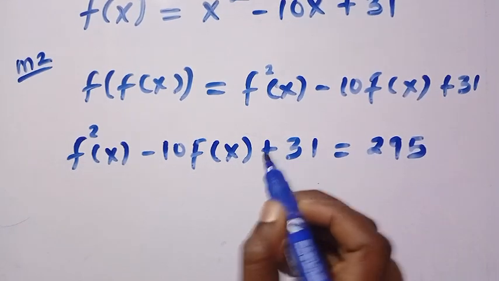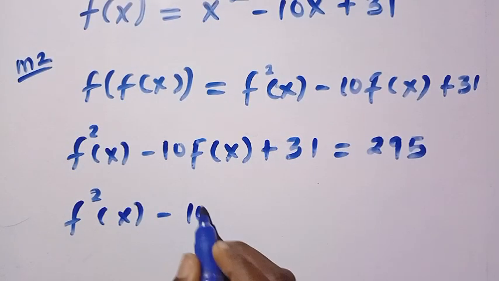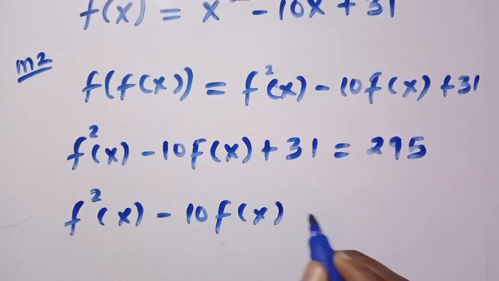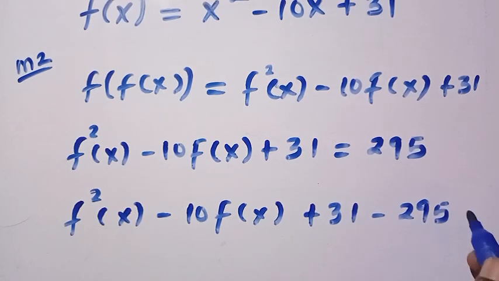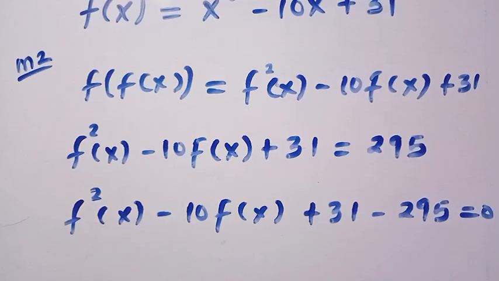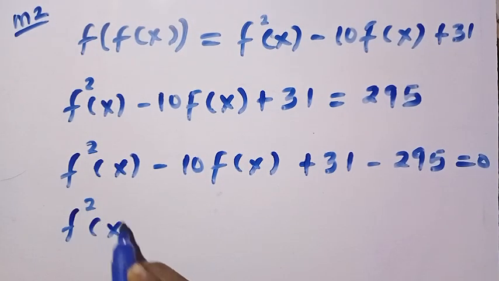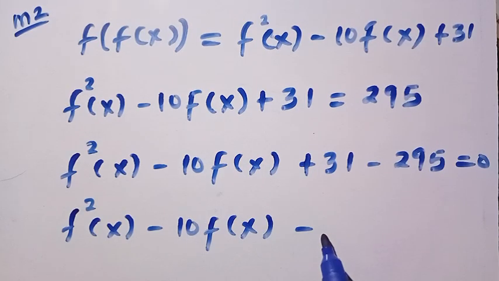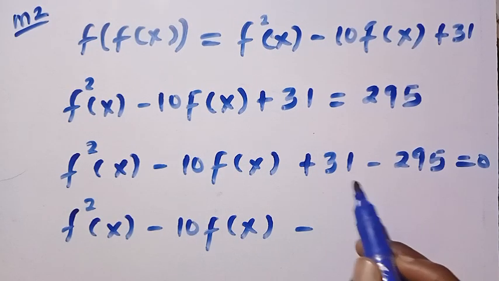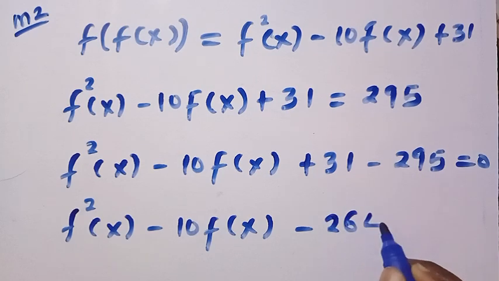So by taking this to this side, we have f squared of x minus 10 f of x plus 31 minus 295 equals 0. Then we have f squared of x minus 10 f of x minus, so if you subtract 31 and this together, we are going to have 264 equals 0.